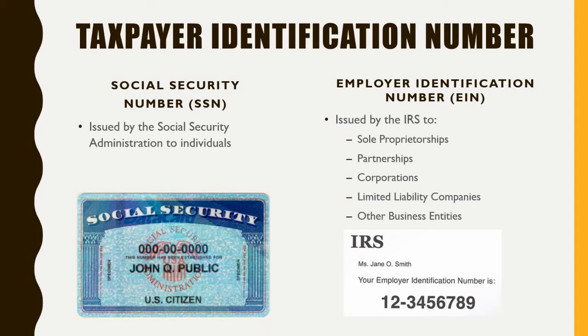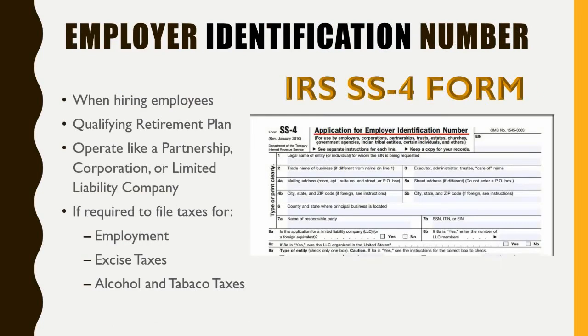ID number. Okay. Now, how do I get an employer identification number? Well, simple. You go to irs.gov and you fill out an SS4 form. Now, especially when you apply for your business license, you also, at the same time, apply for the employer identification number as well. In some cases, depending on which platform you apply for your business license through, that may not be the case.